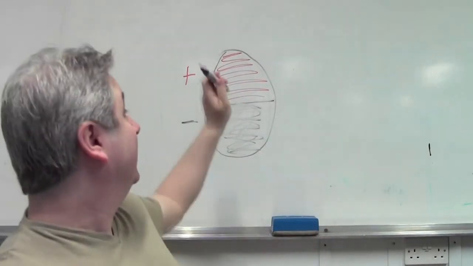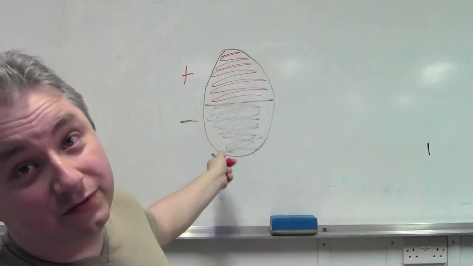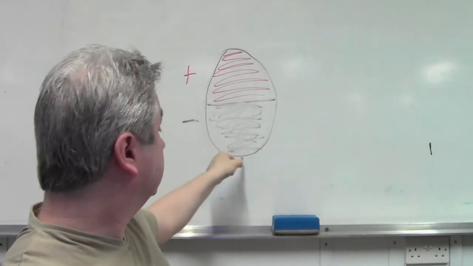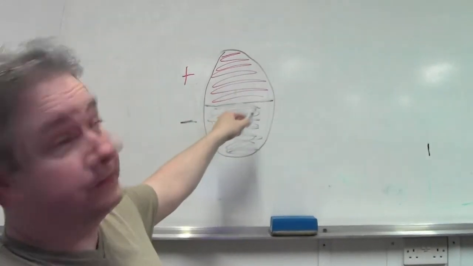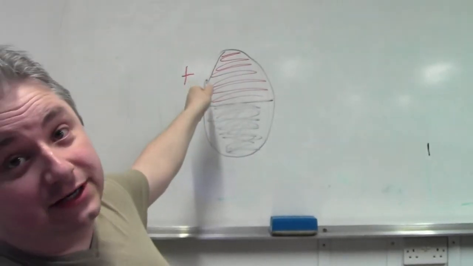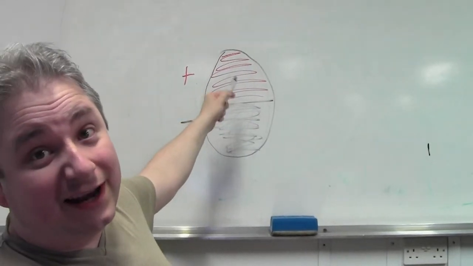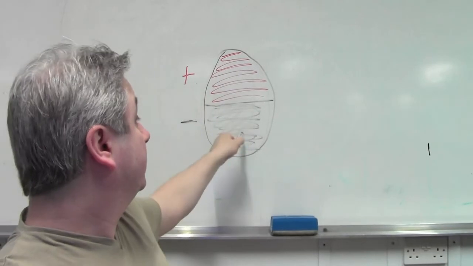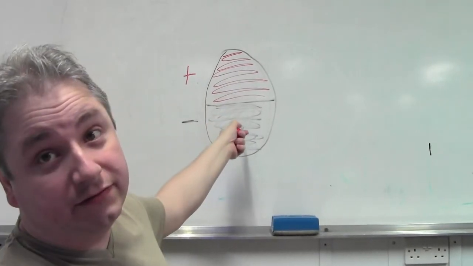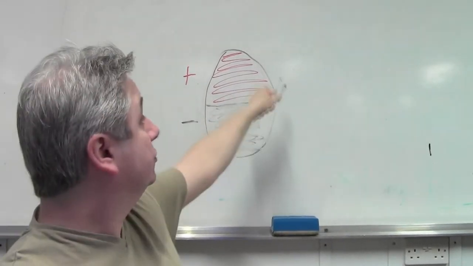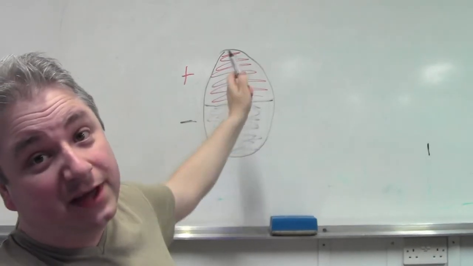So then, negative contains all of our electrons. Okay, this is negatively charged. Positive contains all of our atoms, okay, with a lack of electrons. So, negative, all our electrons down here, want to migrate to the top.